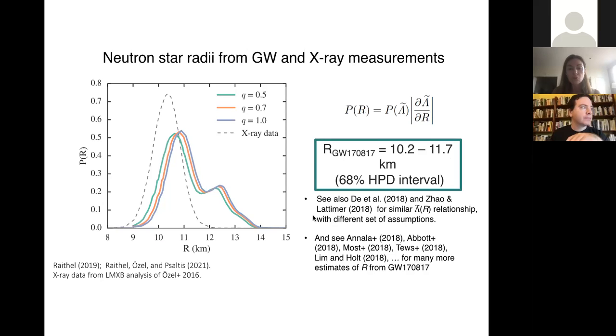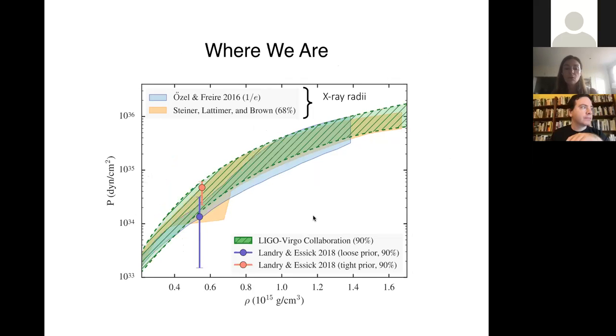So I'm just going to put all of this together and leave you with the opening slide that I already showed you. Where we are is that we have different probes of the neutron star interior. And so far, the pulsar mass data, the one LIGO data from tidal deformability, and the X-ray data from surface spectroscopy agree with one another and point to this band in the pressure density relation.